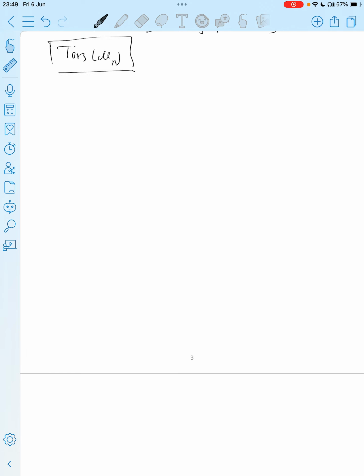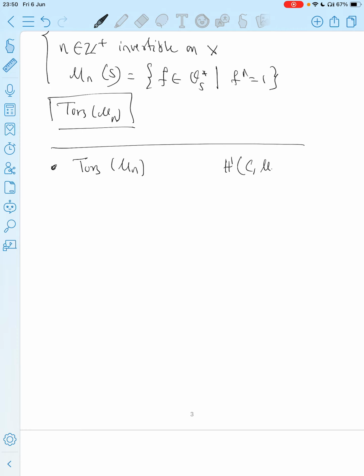So firstly, we need to define how torsors get classified by the first cohomology. One needs to show that the torsors of mu are in bijection with H1 of mu. That is the first thing one needs to show. Maybe I will discuss that next time, but this is not difficult.